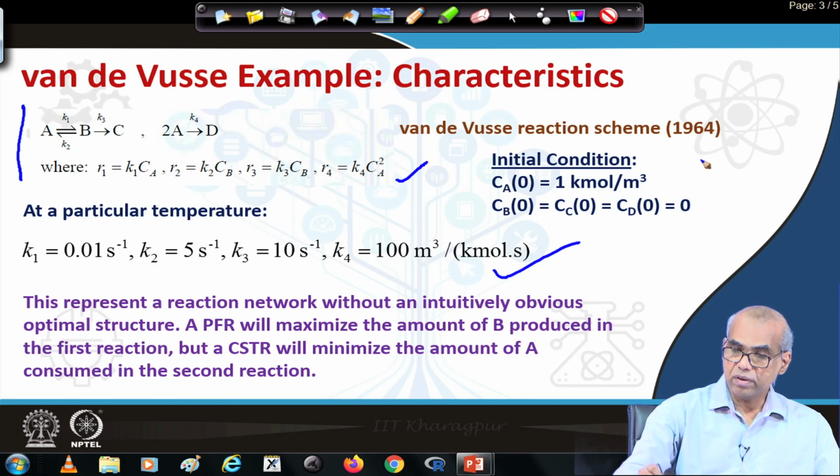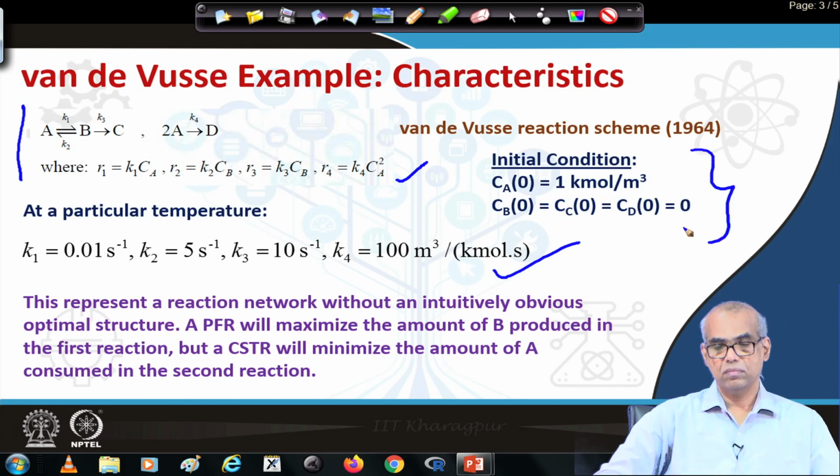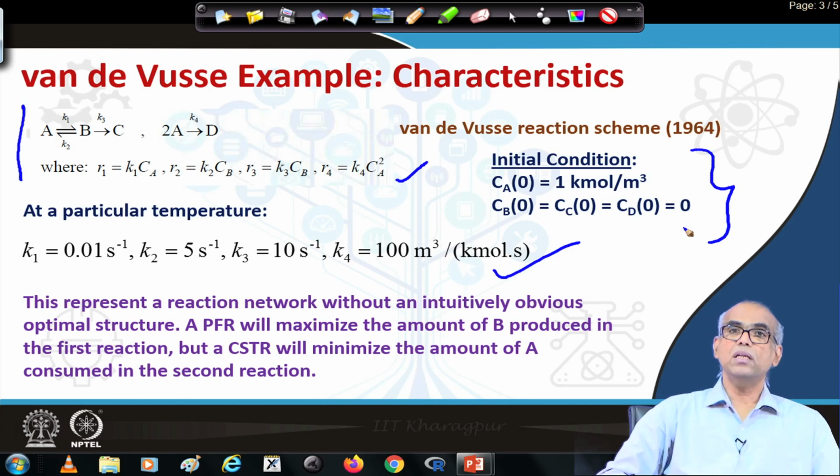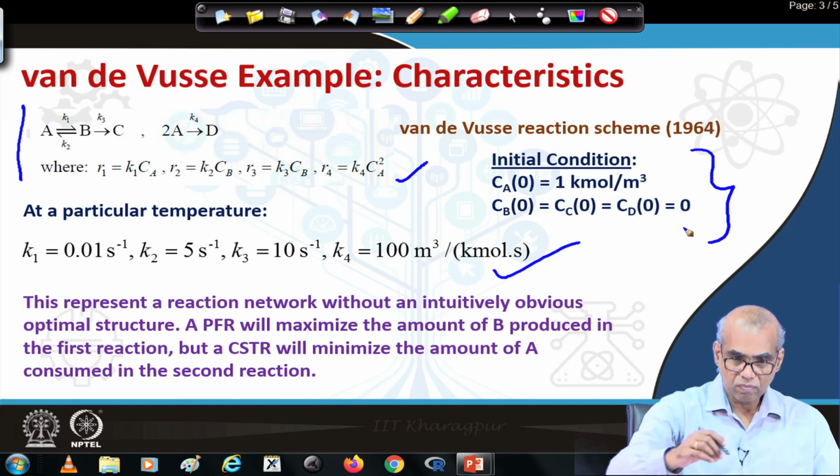Initial conditions are given, where you see that the starting mole of A is 1 kilomole per meter cube, and initially no amount of B, C and D are present.